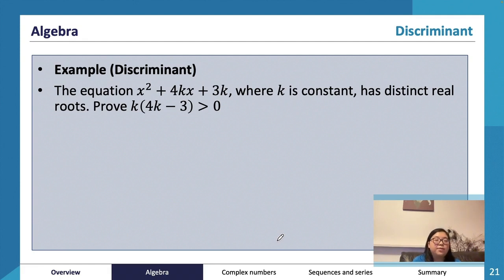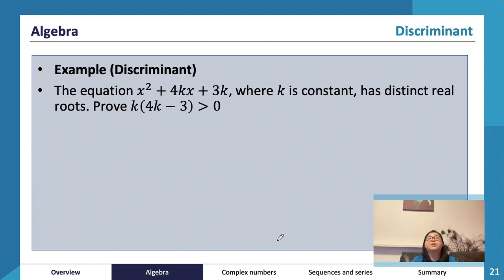So now we want the equation x squared plus 4kx plus 3k, where k is a constant, has distinct real roots, and we want to prove that k(4k minus 3) is bigger than 0. Once again, we are talking about the roots, so we have to talk about the discriminant first, right?